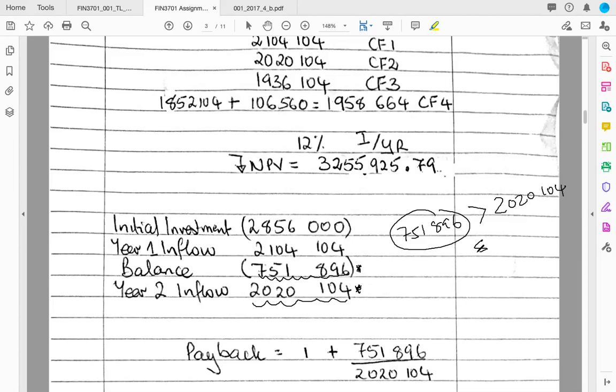If it is, then you can stop. It means you can now calculate your payback.